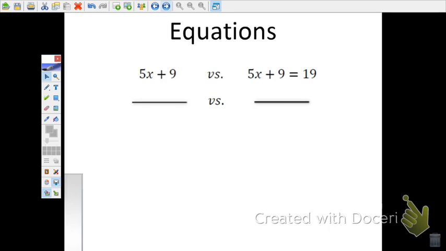So if you go to that equation flap, again, you see the difference. If I just have 5x plus 9, that is an expression.